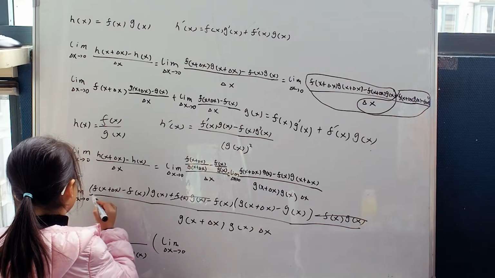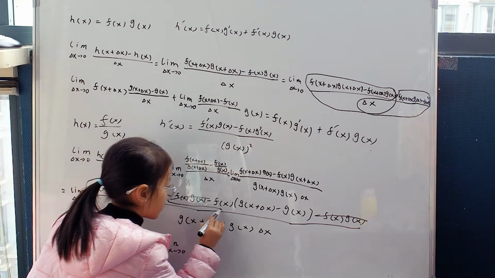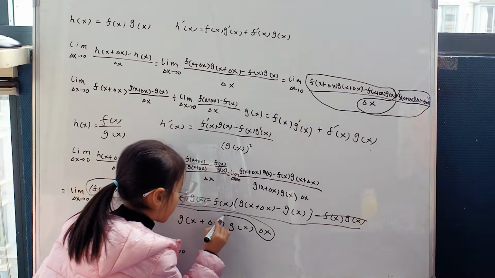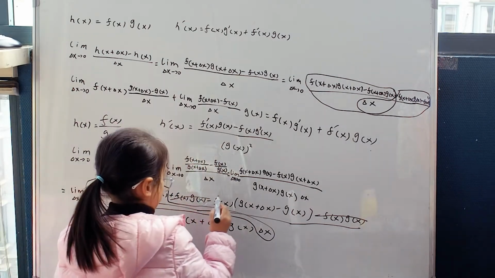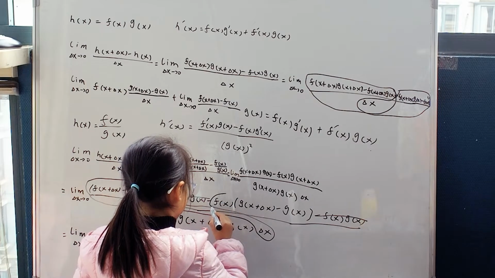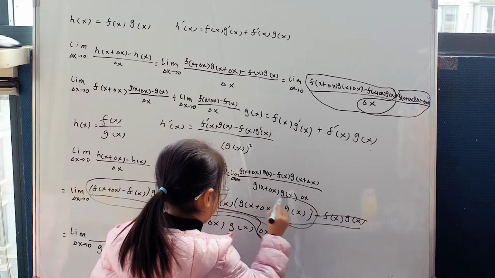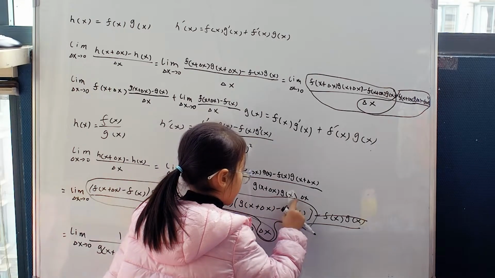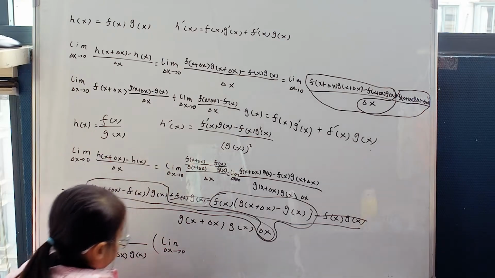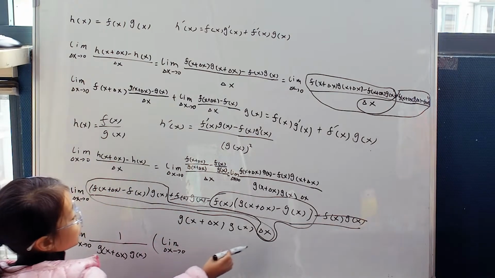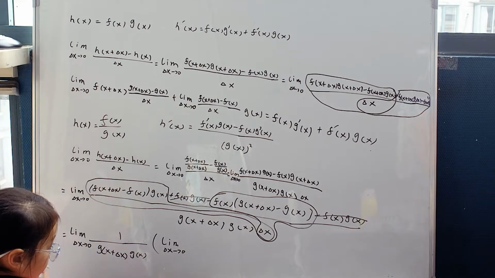Actually, we can turn it into two parts. One part is here, and another part is here, divided by delta x.